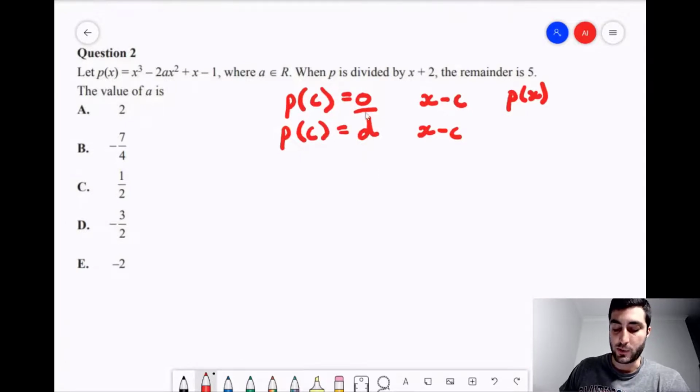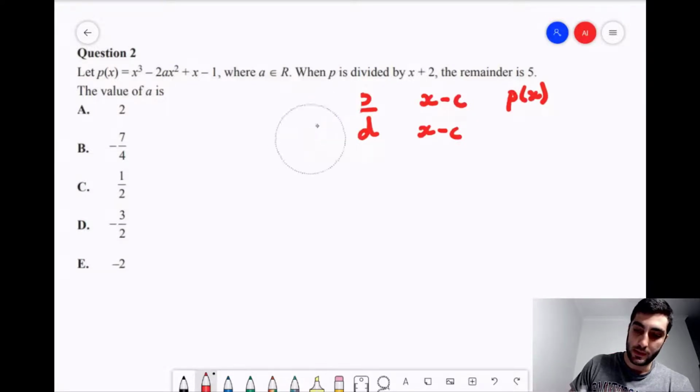So the only difference between factor theorem and remainder theorem is the outcome that you end up with. If you get a remainder of 0, that's factor theorem. If it's a non-zero remainder, then that's remainder theorem. So in this case, they're telling us that the remainder is 5. So therefore this constant d is 5. And what we're actually dividing by is x plus 2. So this c will be the value minus 2.